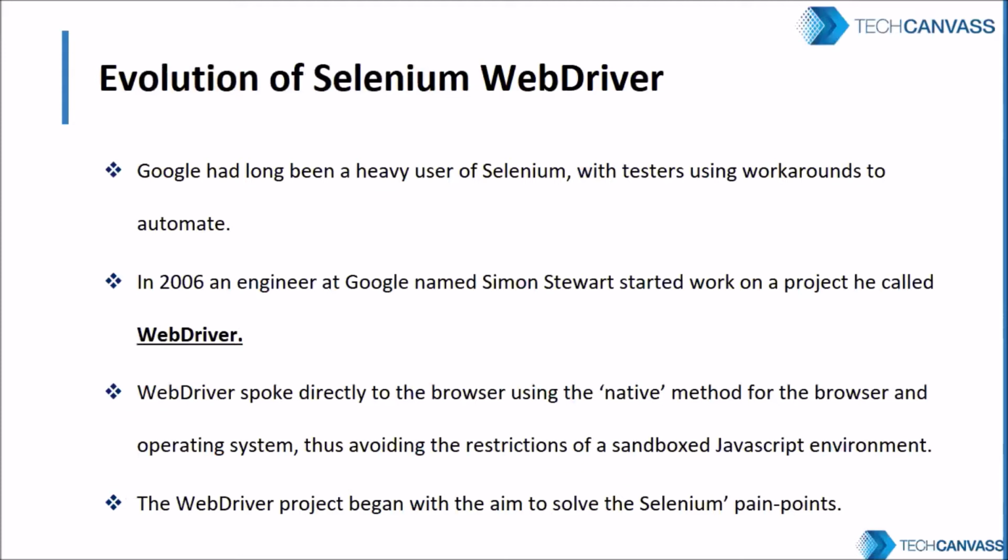Let's say I want to log in: I use the keyboard to enter username and password, and I use the mouse to click on the login button. Similar native behavior, how an end user would do it without executing JavaScript, was implemented in WebDriver. This is known as the native behavior of the browser and operating system. Also, the WebDriver project began with the aim of solving the pain points which were there with Selenium.